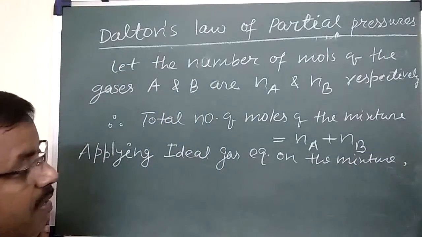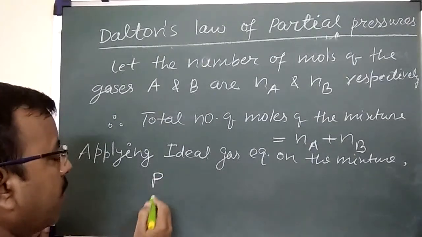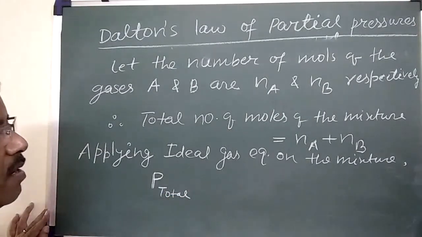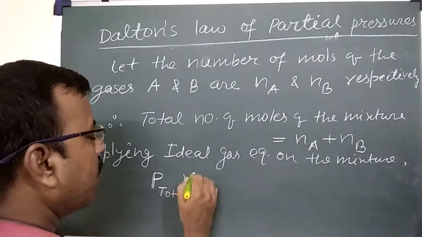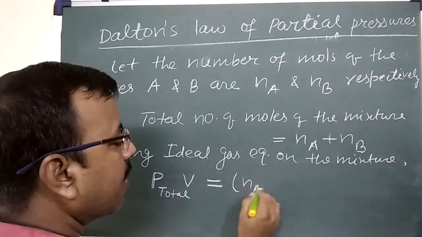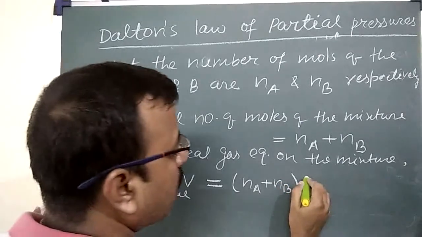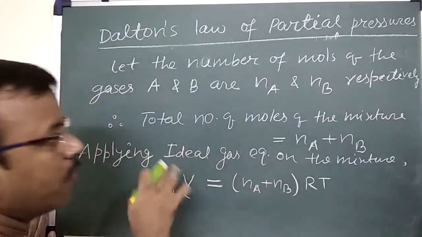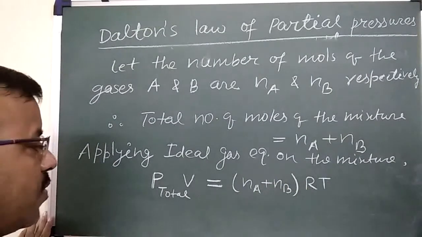So what is the ideal gas equation? PV is equal to nRT. So for the mixture, the pressure is P total and the volume, let volume be V, and the number of moles is Na plus Nb, into RT. Here V and T are constant for the mixture as well as the individual gases, and R is the gas constant.